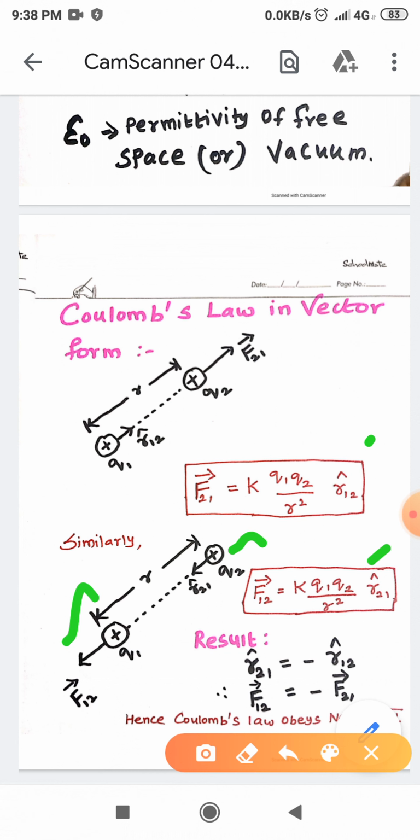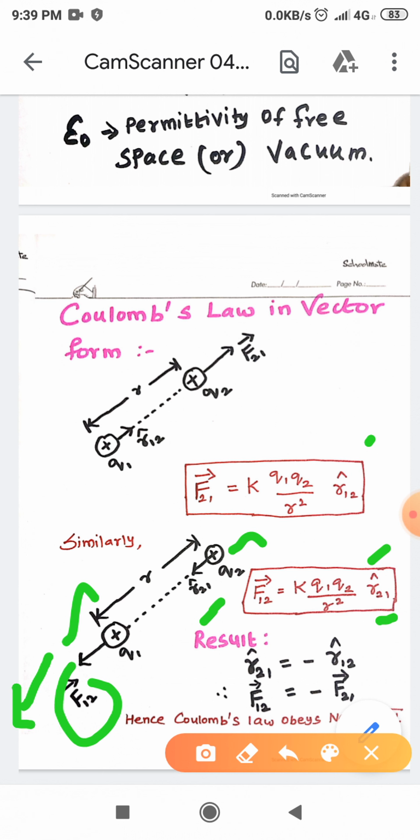The force acting on the charge q1 is F12 vector, which will be equal to k into q1 q2 divided by r square. What is the direction of the force? The direction of the force is from 2 to 1. That is what the unit vector r21 cap is, and you have to include this unit vector in this formula also.